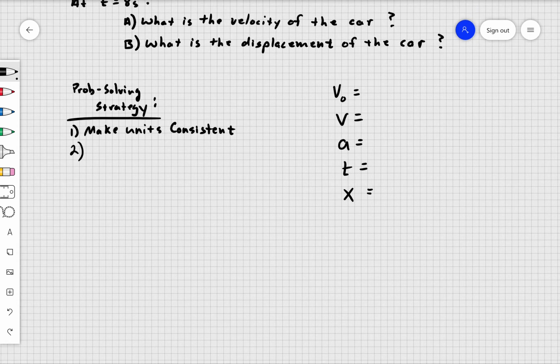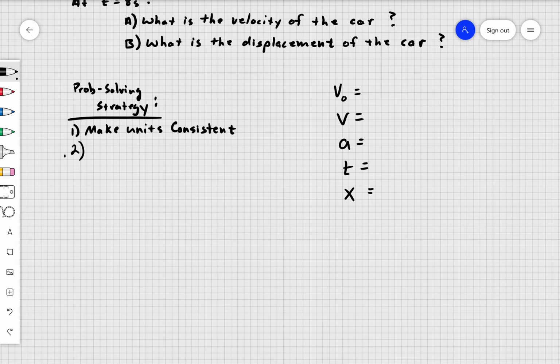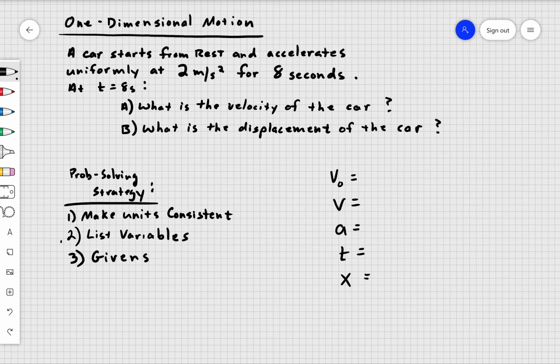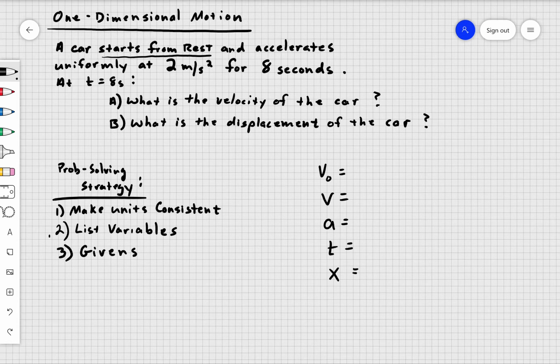So list those. List the variables. We just did that. And read through the problem because some of those variables are given. So when we look at this problem, we see that the car started from rest. That means that its initial velocity is 0.